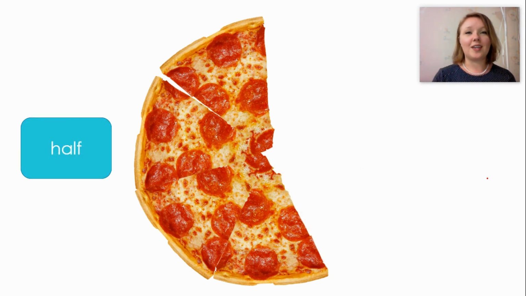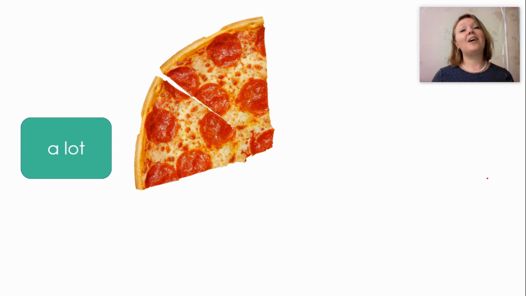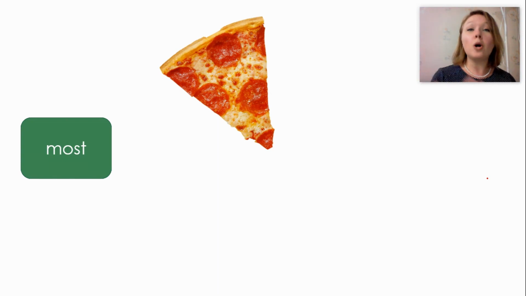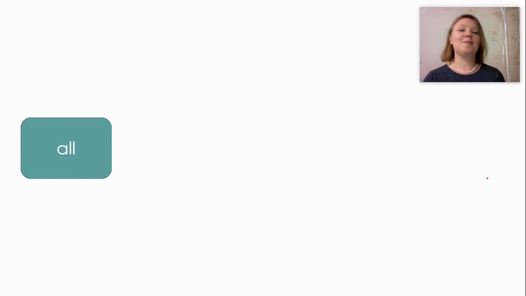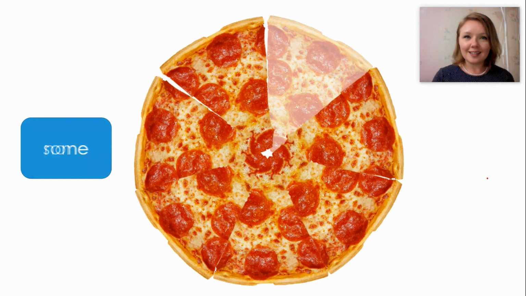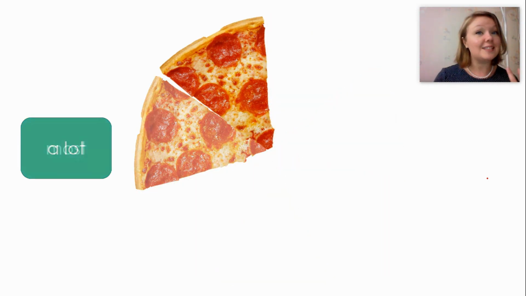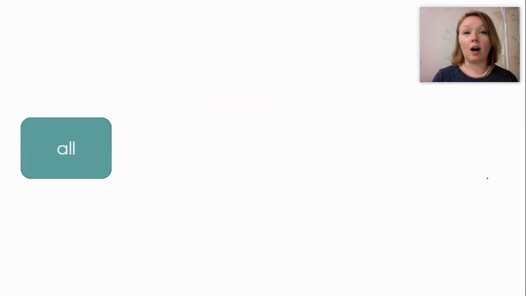Oof, now I have eaten about half of the pizza. Still close to half. Now I have eaten a lot of the pizza, most of the pizza, and all of the pizza. Maybe I will feel very sick and sad if I ate all of the pizza. So these are the words that we can use, right? None, some, half, a lot, most, and all.